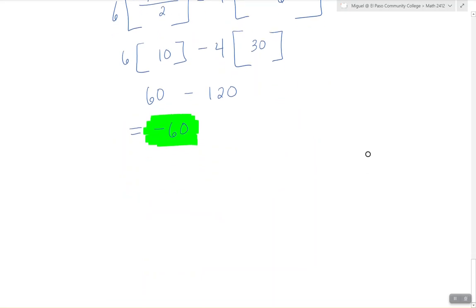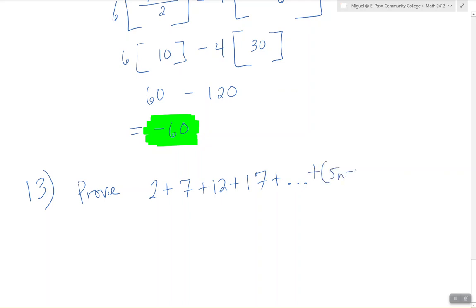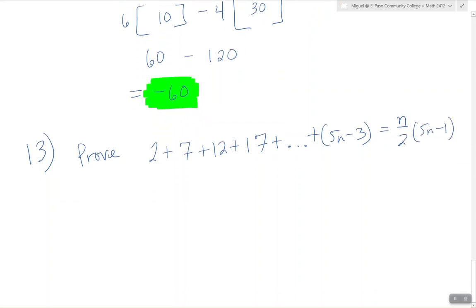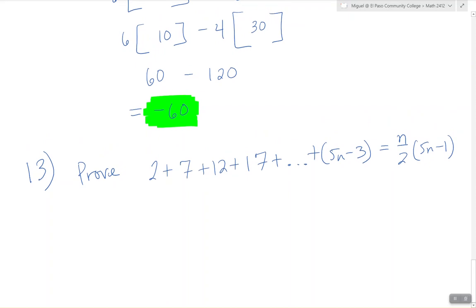So this is in the exercises. So remember, base case and then the extra term case.